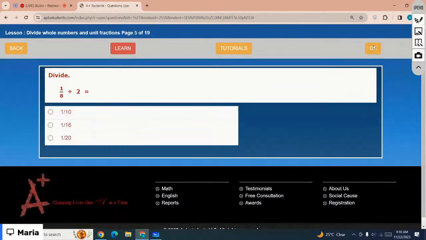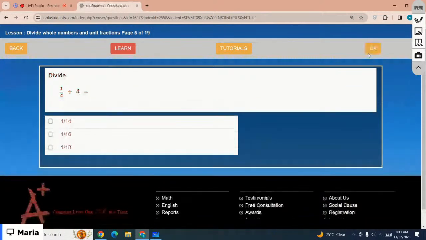Divide 1 over 8 divided by 2, which is the correct option? Yes, the correct option is 1 over 16, right? Very good.